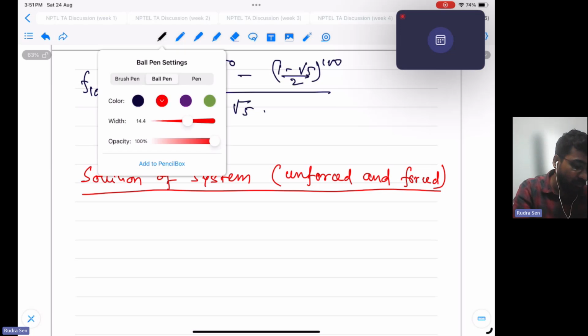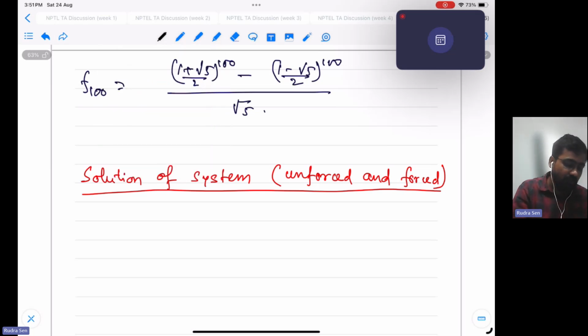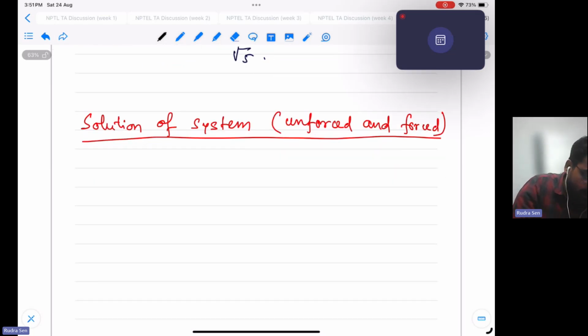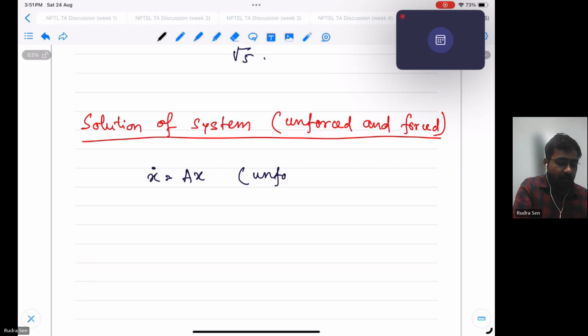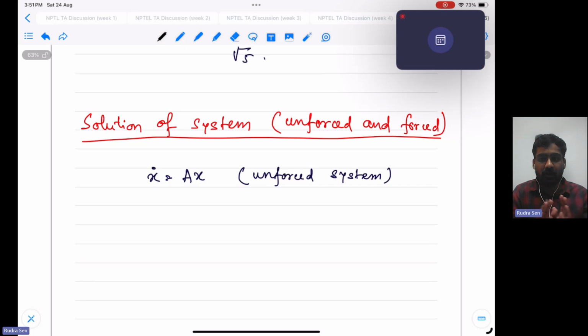Talking about forced and unforced, what is an unforced system? If the system is x dot equals Ax, there is no u. So this is basically an unforced system. That means the system is driven by its initial condition.